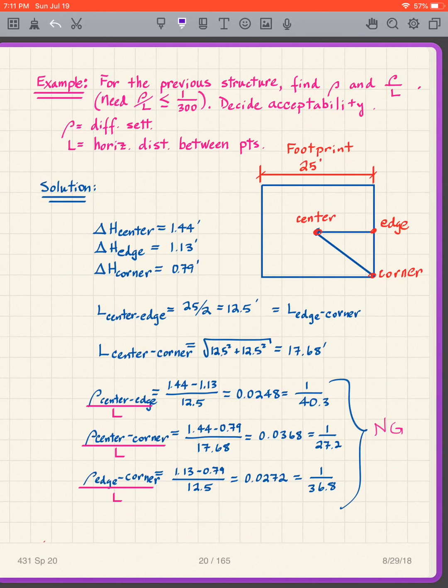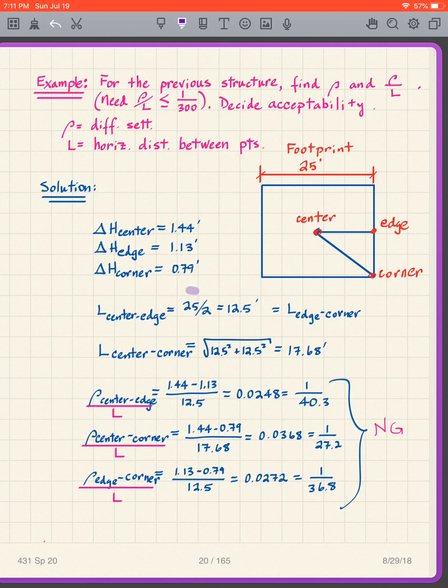So here's our footprint. If you remember, we're below the center, below the edge, and below the corner. The L that we're going to use is this horizontal distance. From center to edge, it's half of the 25, which is 12.5. For the center to the corner, you have to use the Pythagorean theorem to get the L, but everybody can do that.